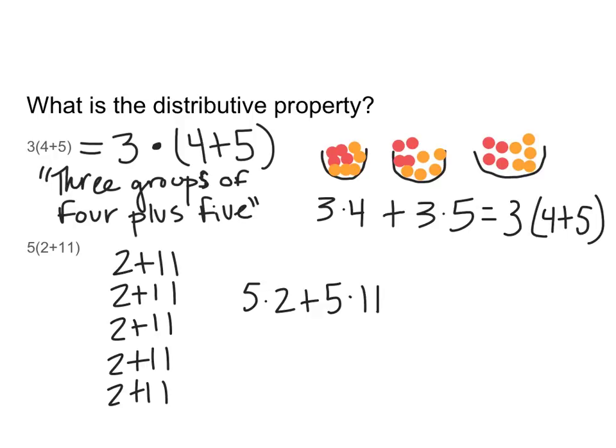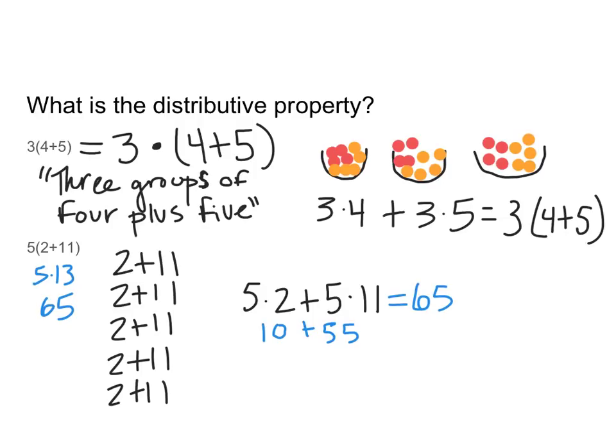And no matter which way we do it, that's going to give us 65, here because we'd have 10 plus 55, or here because we'd have 5 times 13. Either way, it gives us the same answer of 65.